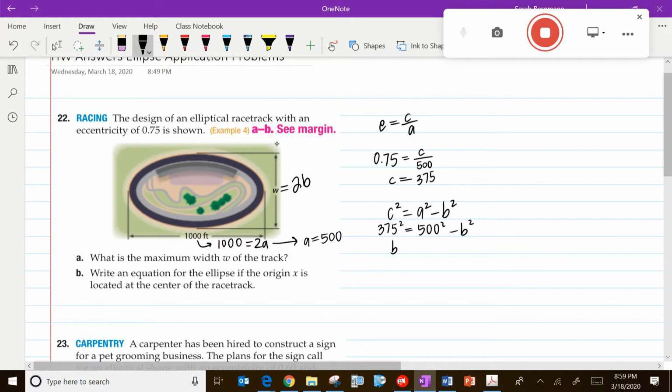Rearrange it by adding B squared on both sides and subtracting 375 squared on both sides. Now to get B by itself, we need to square root both sides. Normally we would do positive or negative, but B represents a distance, so it can only be positive. Now plug this into your calculator.